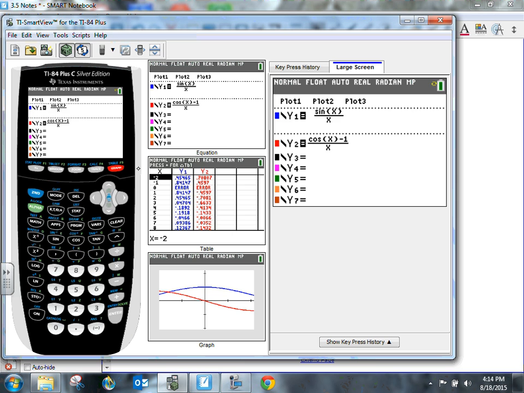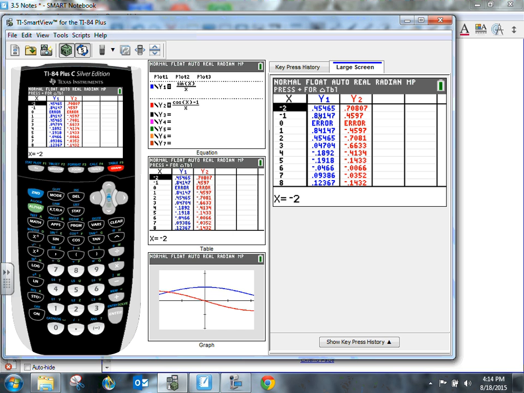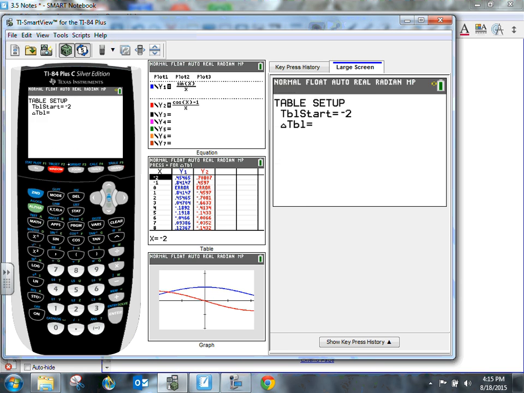And notice that on both of these at 0, they say error. So the functions cannot be evaluated at 0, because you're dividing by 0 if you plug in 0 into those functions. But let's go into our table, and let's make sure that we change this to ask.